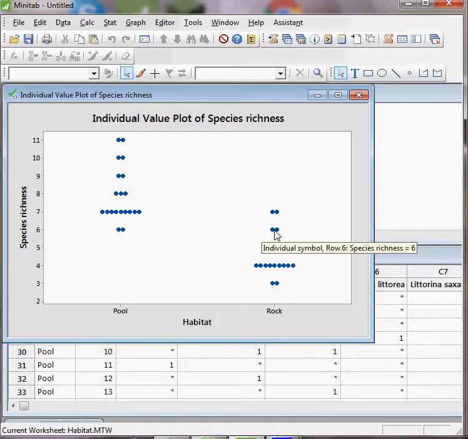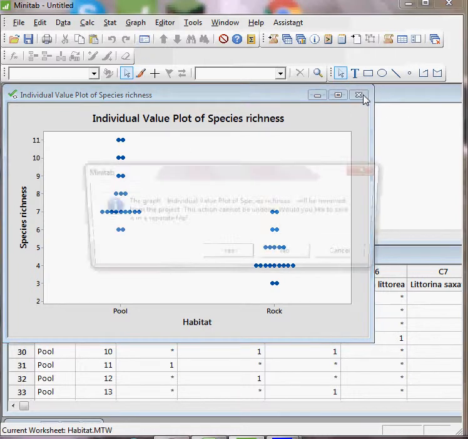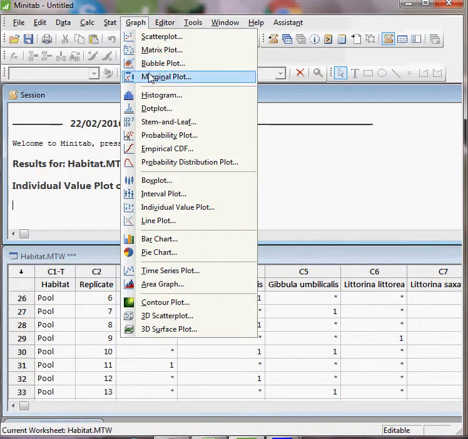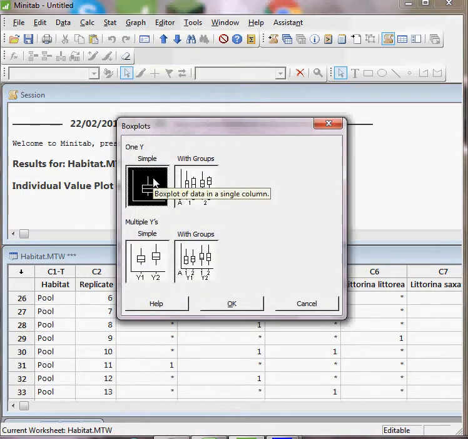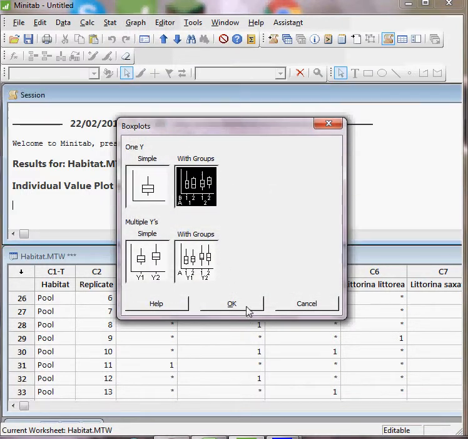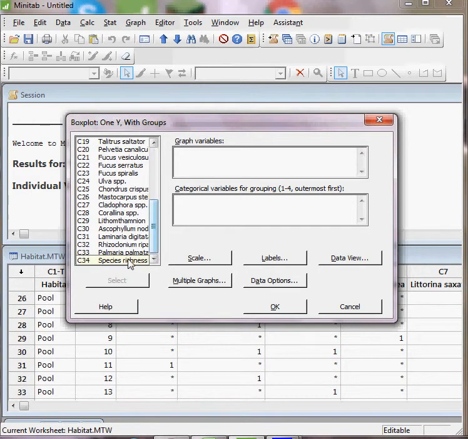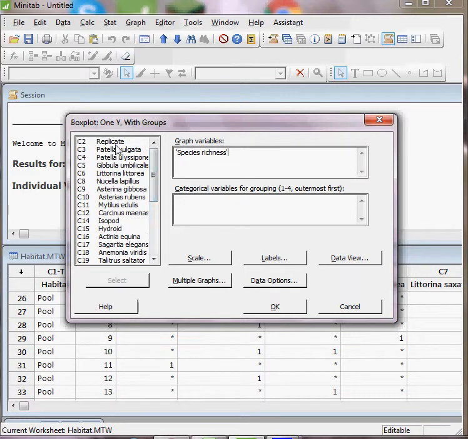With slightly more data than this, it would make sense to look at a box plot. So as a reminder as to how we do this, let's go to the graph and select a box plot, and again we're looking at grouped data, and again we're looking at putting the species richness in the graph variable box, and we're looking at putting the habitat in the categorical variable box.